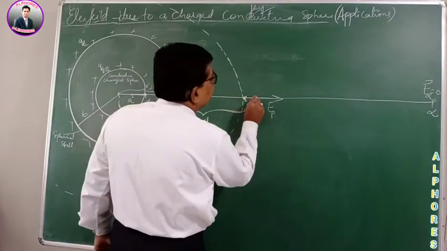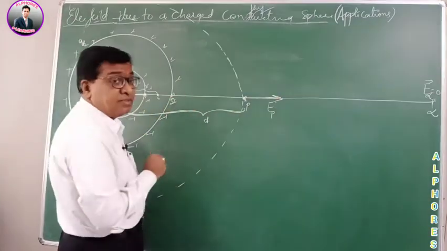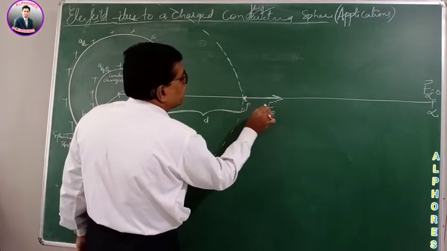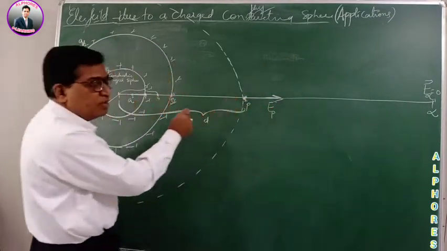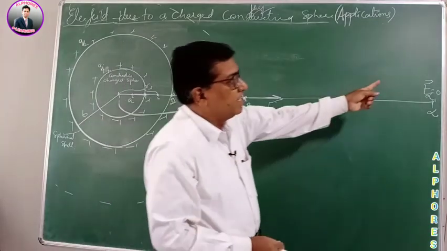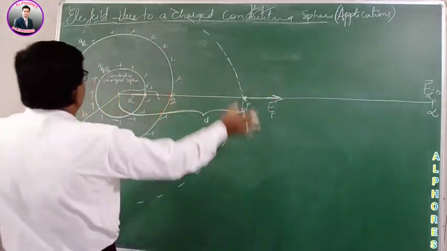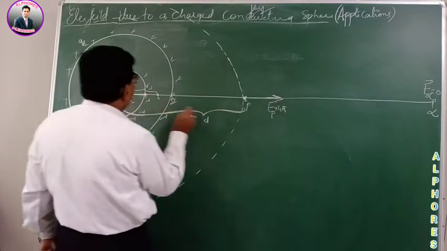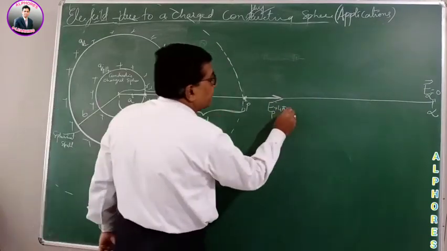Then the direction of the electric field is E outside. Now the total flux: imagine a small element, so the small flux will be E dot ds. The total flux through this Gaussian surface is E into 4 pi d square, where the radius of the Gaussian surface is d.